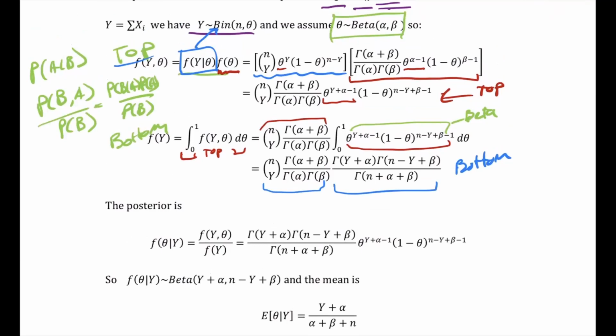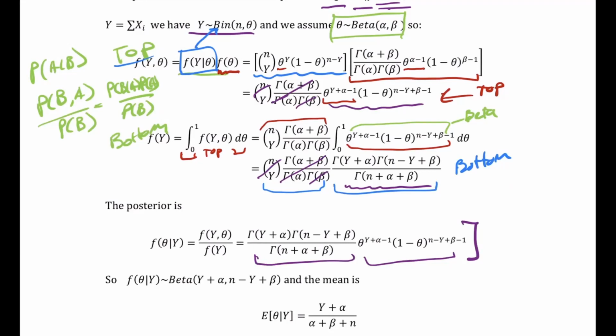For example, right away, this is going to cancel here. This part is going to cancel with this part, and that part is going to cancel with this part. And so I'm going to be left with this piece and this piece. And that's what I've got right here. Piece 1, piece 2.